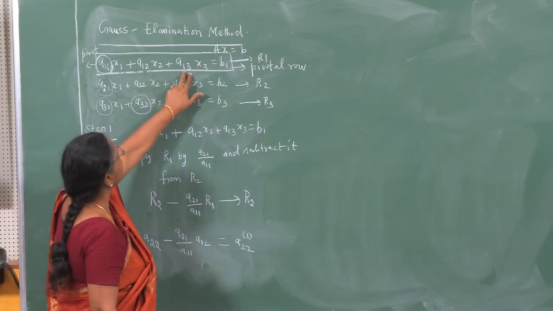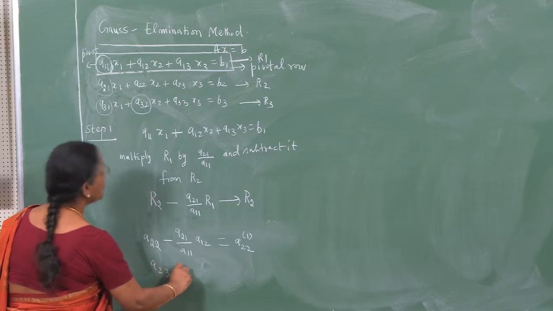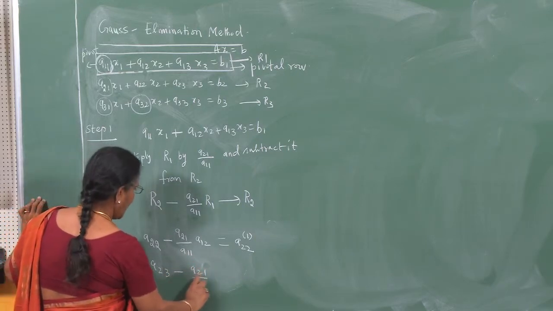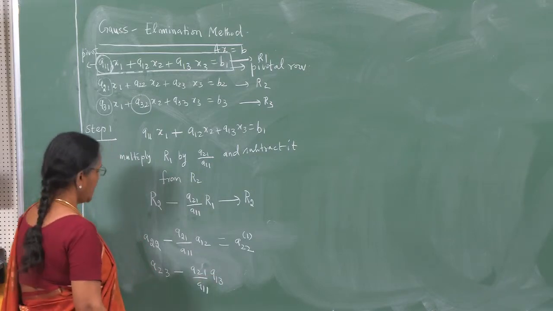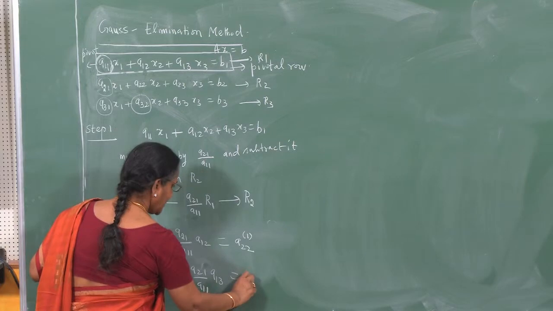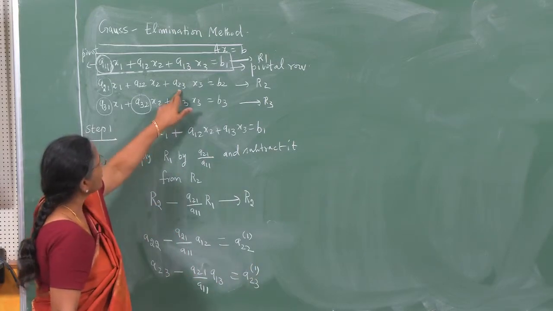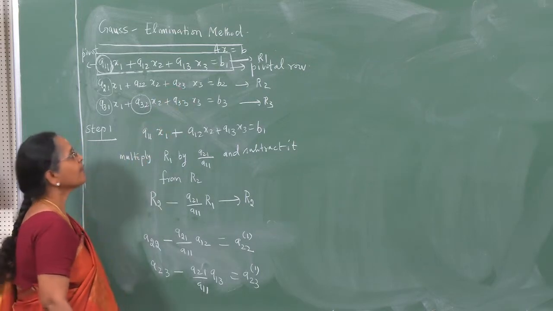Let us go to this. I will subtract from A23 A21 by A11 into A13. Let us call that A231, and that is going to be the coefficient of x3 in the second equation.